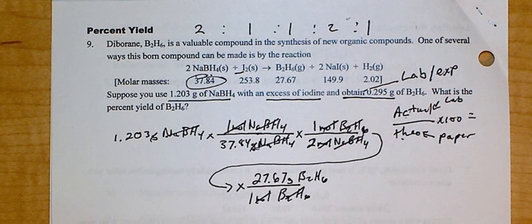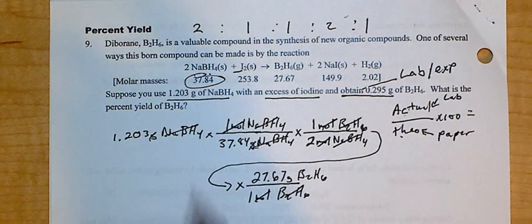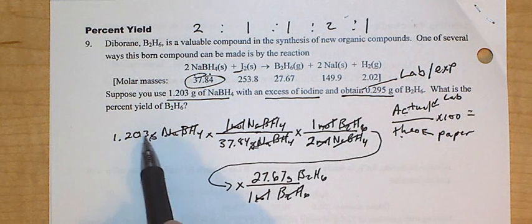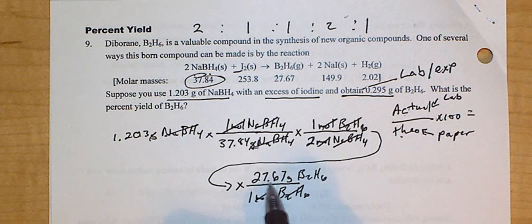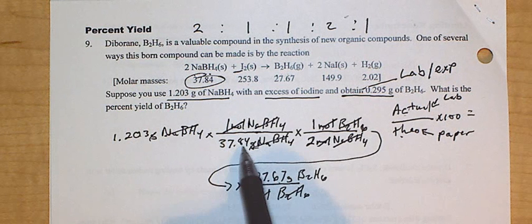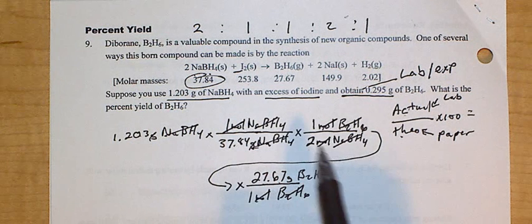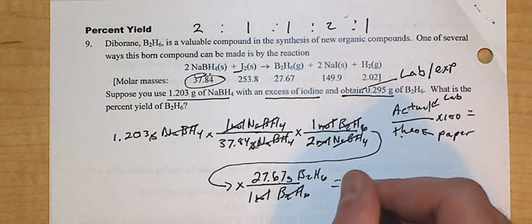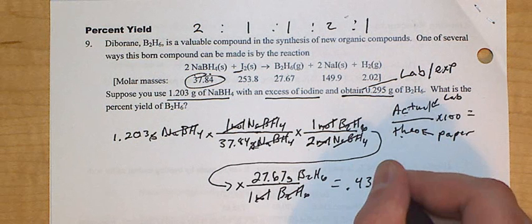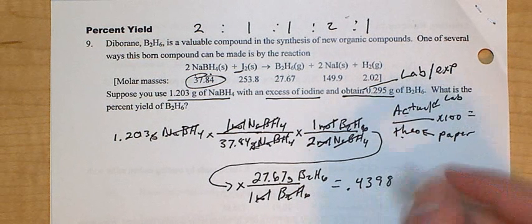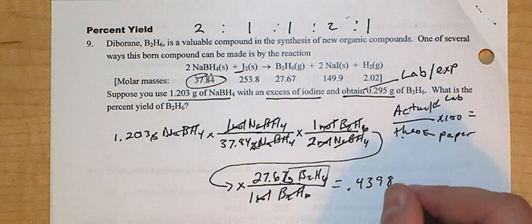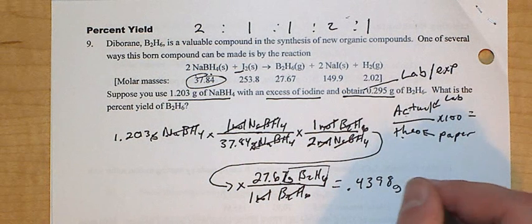We really, really like to stop the possibility of mistakes occurring. So when I do this, I multiply what's on top, 1.203 times 1 times 1 times 27.67, and then I divide that by 37.84 and also by 2. When you do that, you should get 0.4398. My units, looking at my last spot in the numerator, are grams of B2H6, which is perfect.